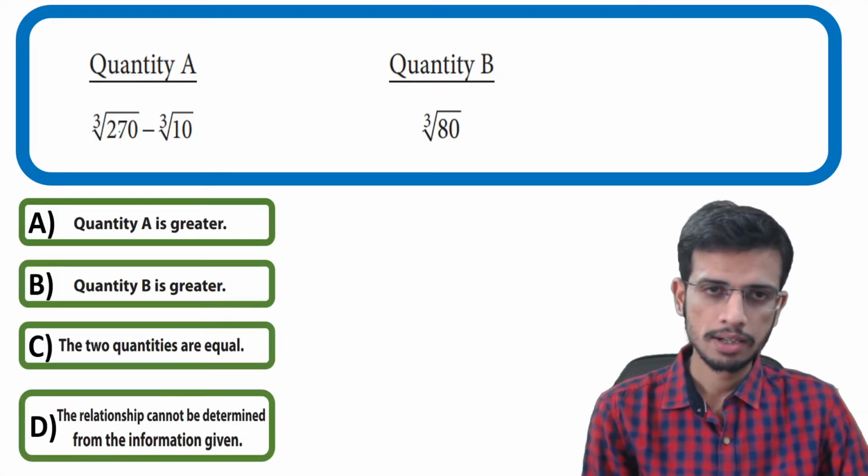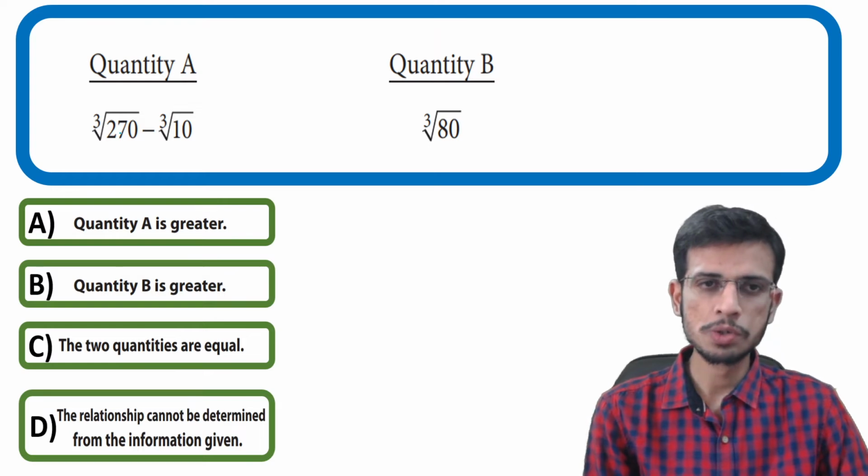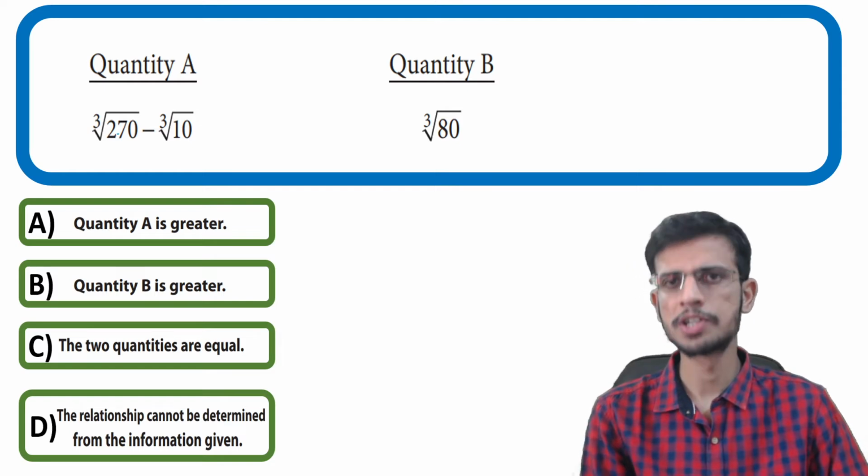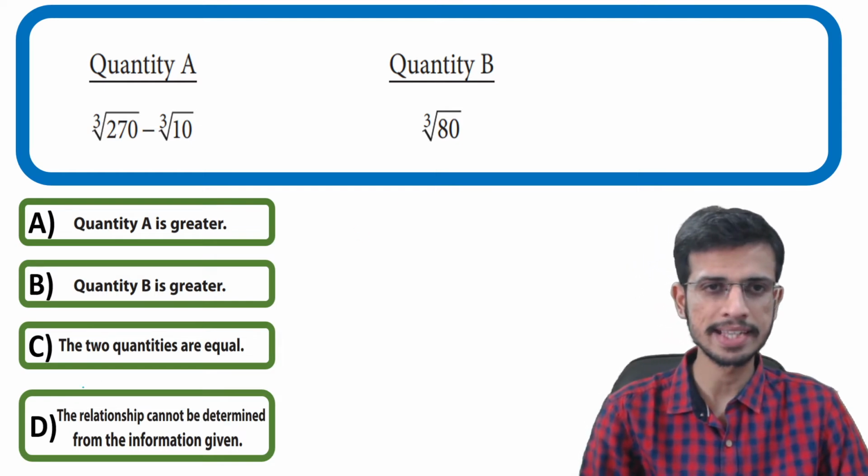And we can write 270 as 27 into 10, raised to 1 by 3. We will just simplify this in this form.